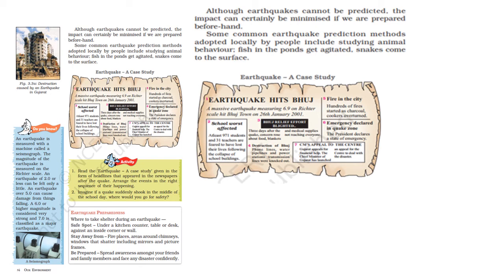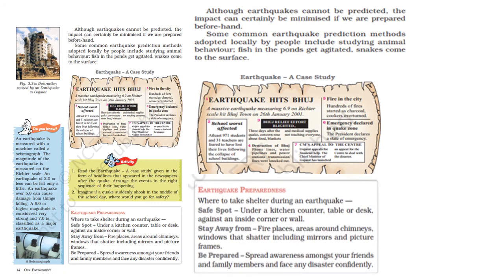So we should know what kind of area we live in, and accordingly prepare ourselves for what to do at the time of an earthquake. Suppose you are inside the home and an earthquake occurs, what should you do? Which are the safer places for you?